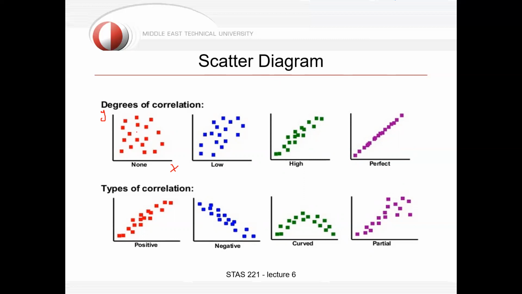So based on what we can see here, there is no relation between X and Y. It seems to be random. But here, maybe there is a relation, but this is a low correlation. And here you can see a high correlation. You see, compare these two together and you understand what I'm talking about.